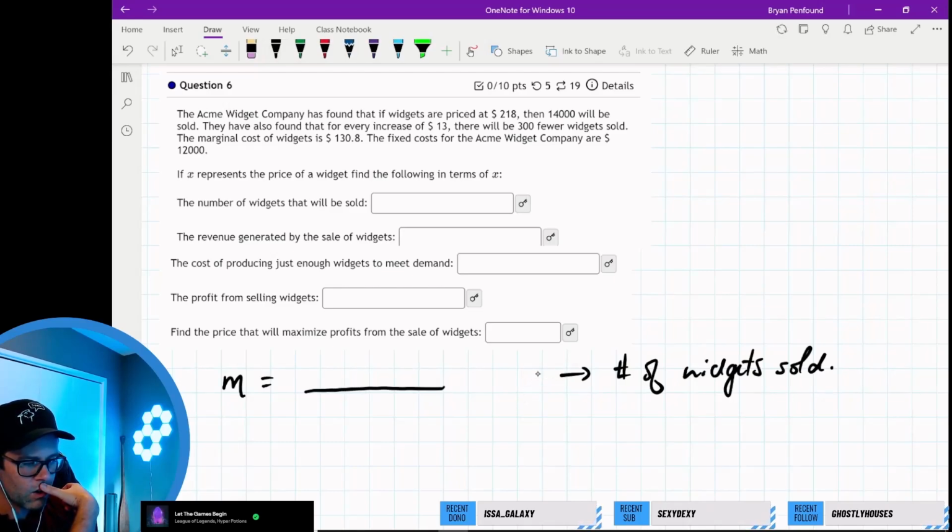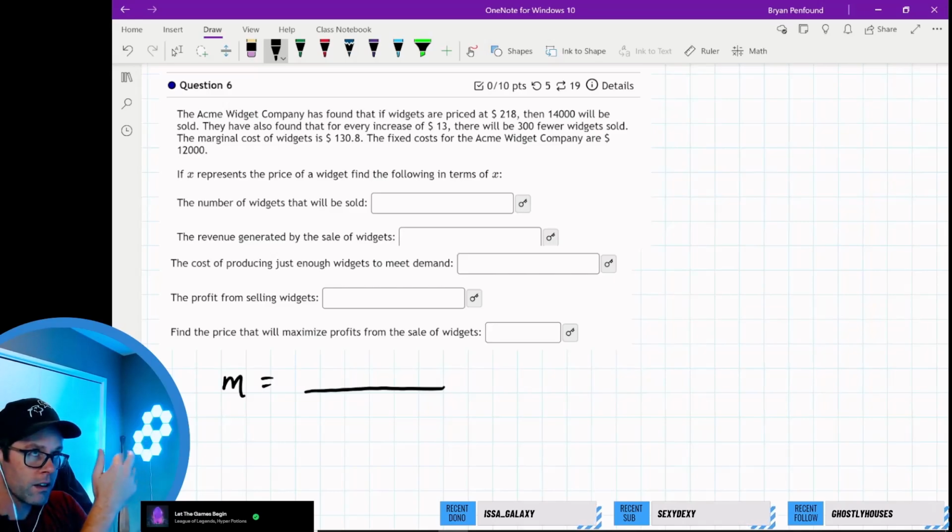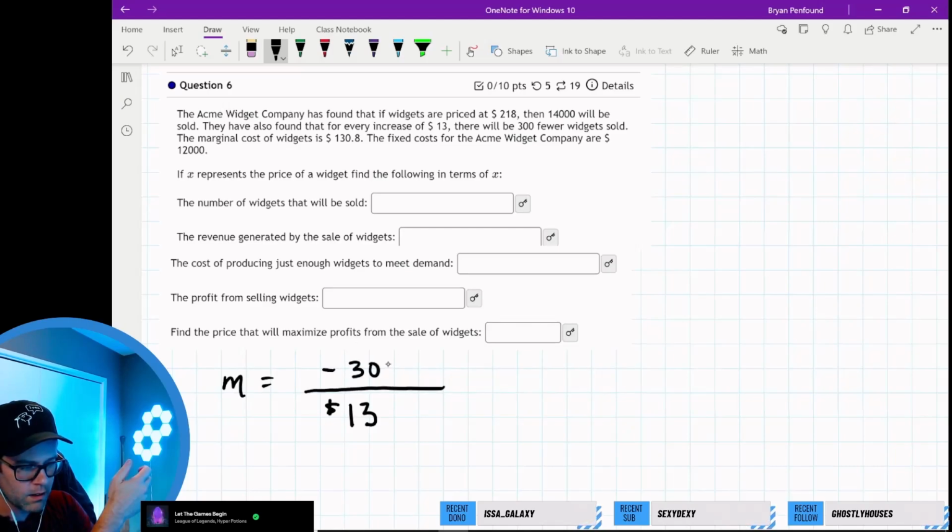So that's not quite true, what I was thinking. So if we're dependent on the price, as the price goes up by $13, we would expect to see a 300 decrease in the number of items that we're selling. So I think that's what we're looking at for the slope of the demand function.